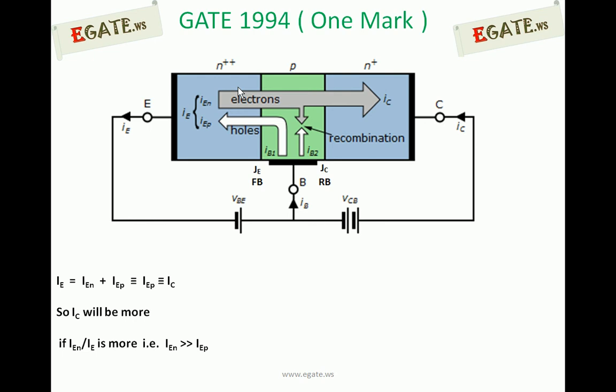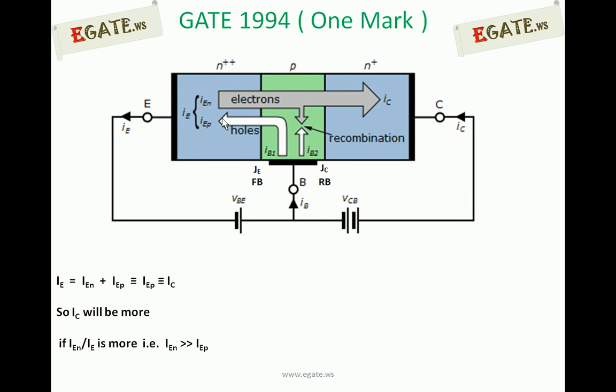So the width of the base should be chosen such that it is very much smaller than the diffusion length, so that even the small number of recombinations we expect because of light doping are not going to take place. The number of recombinations will be still lesser than the expected value because the width of the base is very thin. So again the current ratio increases because the maximum number of electrons are reaching from the emitter to the collector.